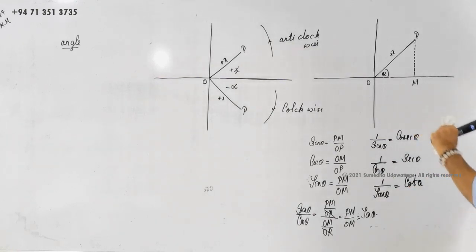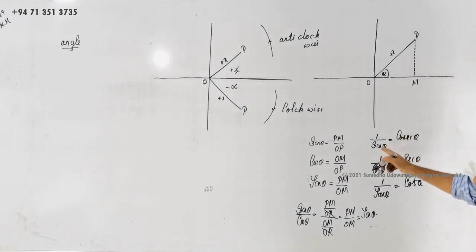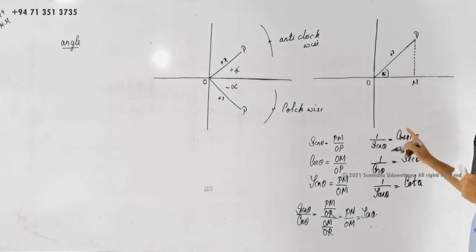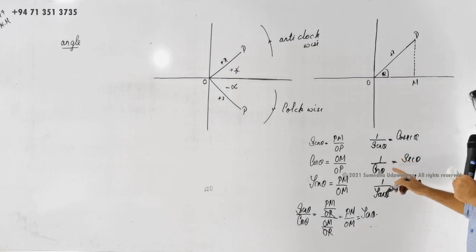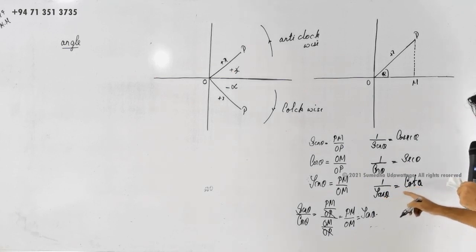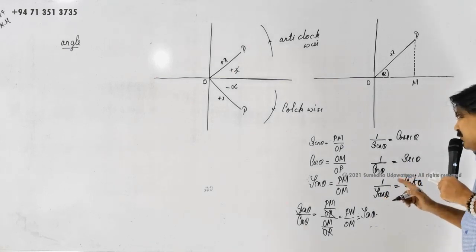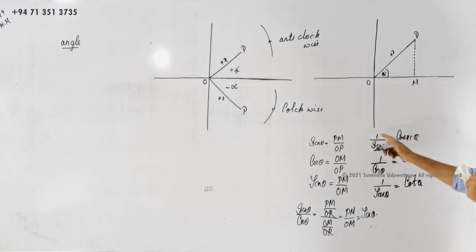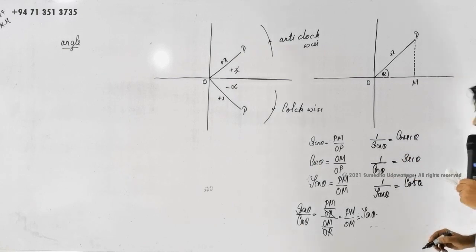When trying to memorize this: 1 over sin theta is cosec theta, 1 over cos theta is sec theta, 1 over tan theta is cot theta. You can remember it easily, but you get confused whether 1 over sin theta is cosec theta or sec theta.